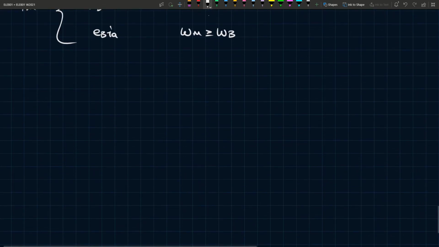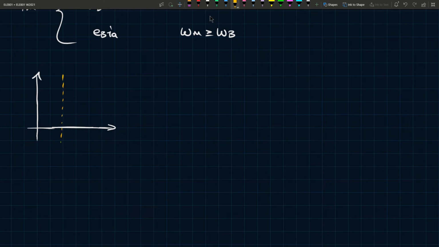So how do we summarize all of this? If we summarize all of this, we see something that we're very familiar with, and that should bring us some comfort because it lets us know that we're doing things somewhat properly, if not totally properly. This is omega b, this is omega m, and you can call this voltage or whatever you'd like to call it. I'm not going to put any label on this side because the quantities are different, right?